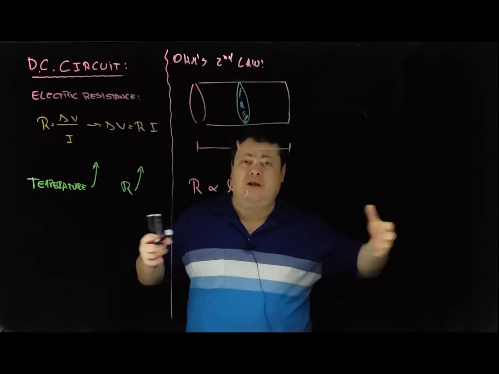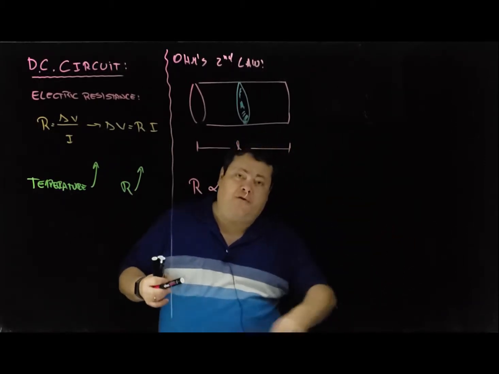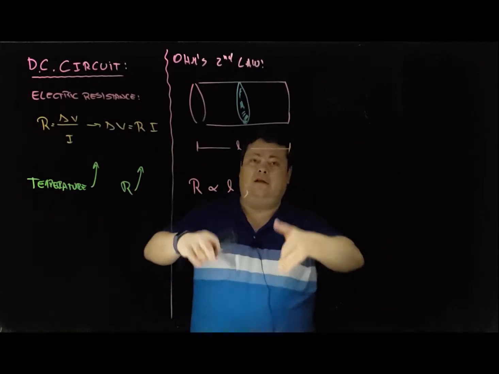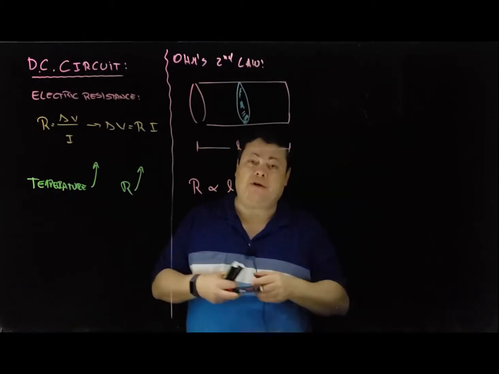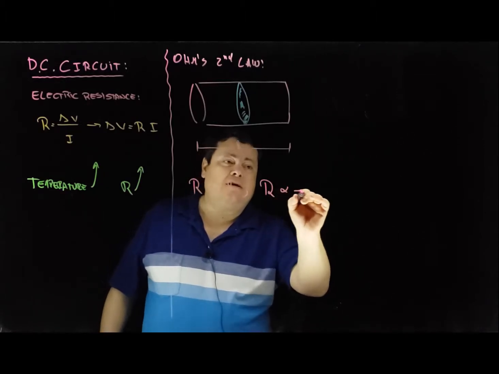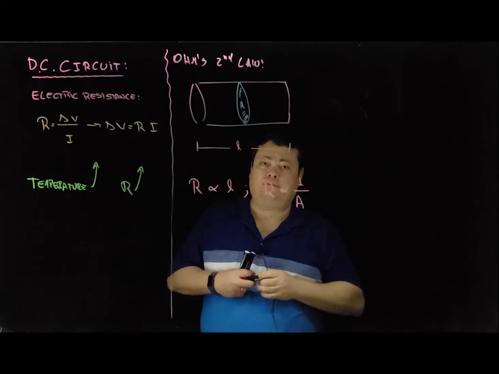If I do 3 times the cross-section area, it is as if I now had 3 equal lanes to let the charge flow through, and that then makes my electric resistance decrease. And what we have is that electric resistance is inversely proportional to the cross-section area.